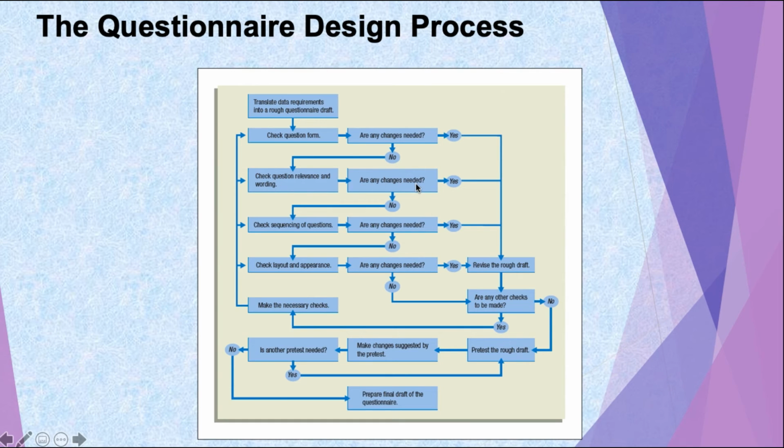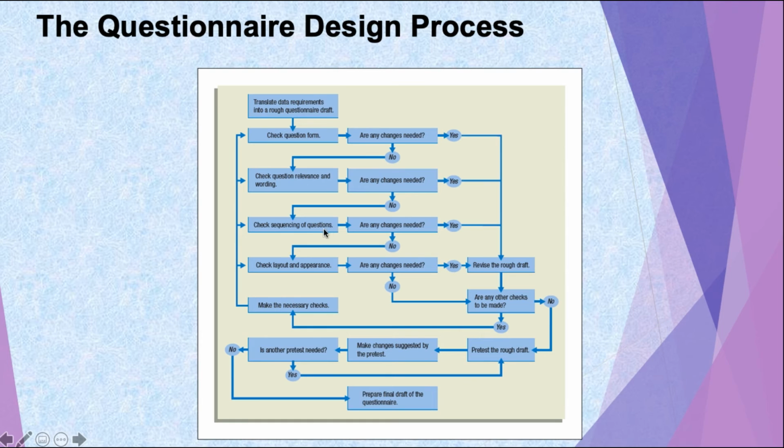If there are any things to change, go back. If yes, go back and revise the rough draft and do the same cycle. But if no, go to the next.